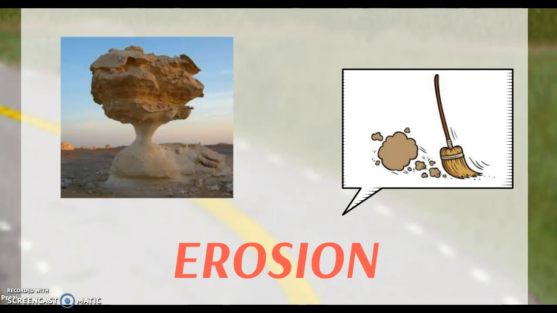The top rock that is much larger has been left there because the rock there is much thicker and heavier than the rock on the bottom. The rock on the bottom was softer and lighter and more easily swept away by different weathering and erosion processes over time.